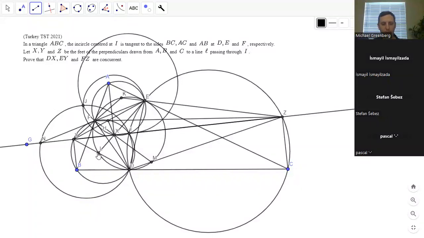So yeah, inversion would fix L and M. Maybe, I don't know if that's useful. And it would also fix K. And so yeah, it would fix all these points. So basically, line FK would go to the circle FIK, right?